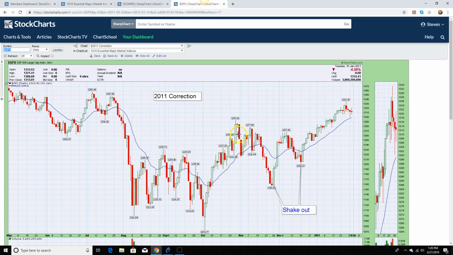Look at right here. You had a rally, and I remember this. This is when the S&P 500 got downgraded, with some nasty action for two straight months. Finally it comes out, then it comes down, shakes everybody out. Everybody thinks it's going to come down here, undercut this, and then it comes back. It's one last shakeout. Like, oh my gosh, it's coming again. And then it just continues on.